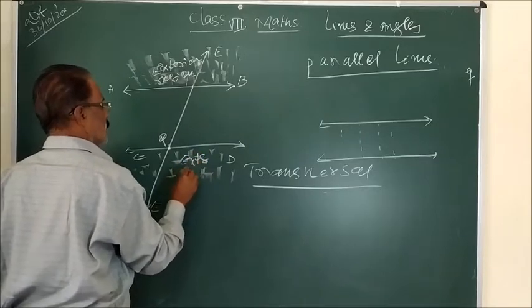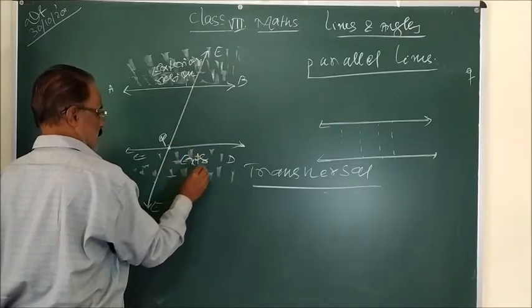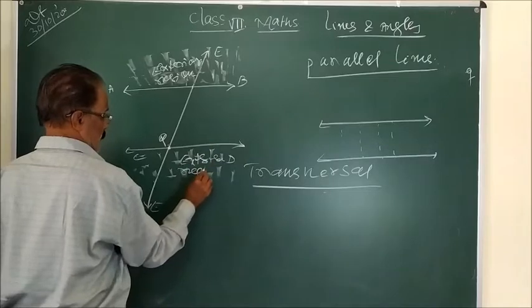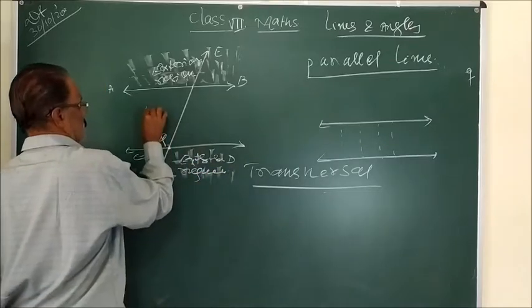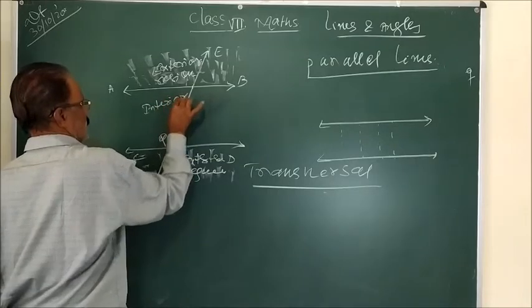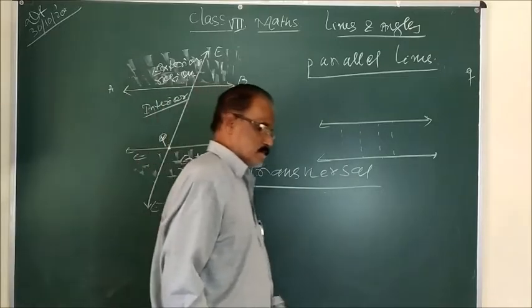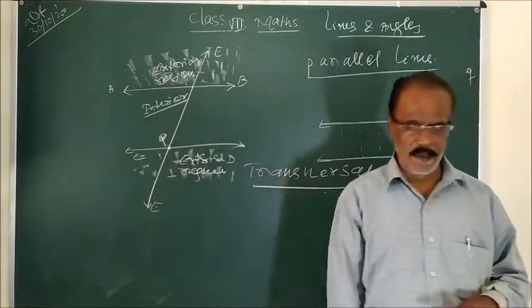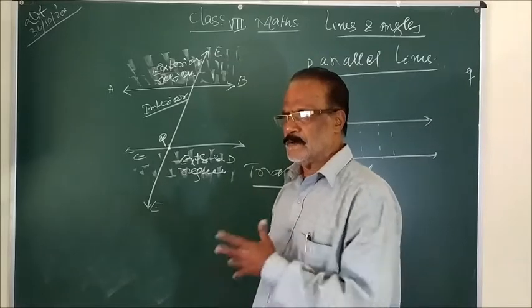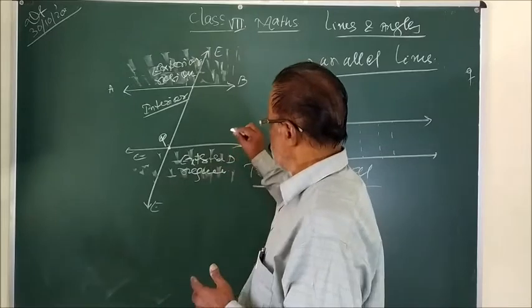They are in the outer part of these two parallel lines. And this is called the interior region. The parts inside are interior, and the regions outside the figure are exterior regions. So there are two regions when two parallel lines are drawn and a transversal intersects.